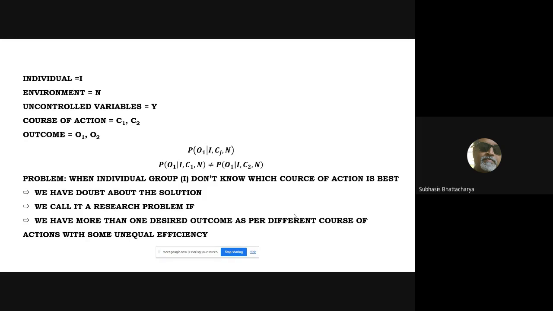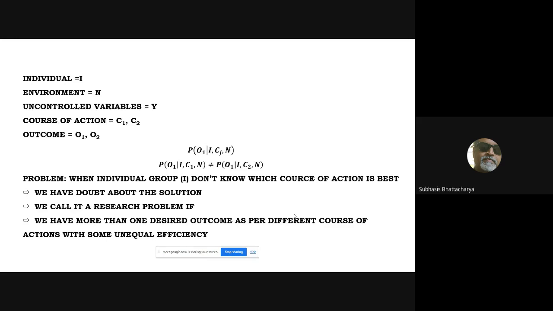So there must be alternative means for obtaining the objectives, and there must remain some doubt in the mind of the researcher regarding the selection of alternatives. This means the researcher must answer the question concerning the relative efficiency of the possible alternatives. Then there must be some environment where we are living, where we are doing work in a difficult way.